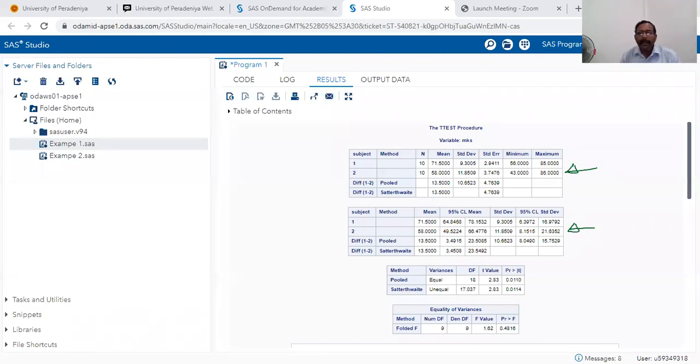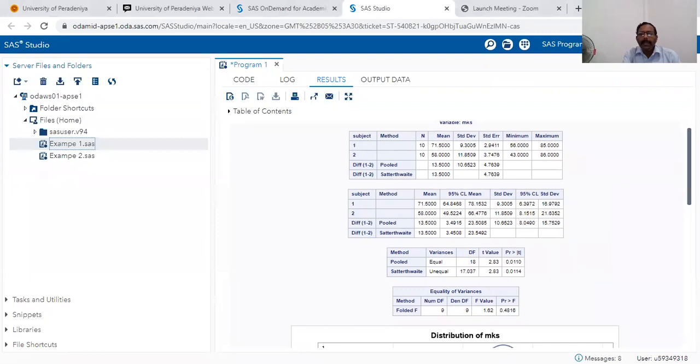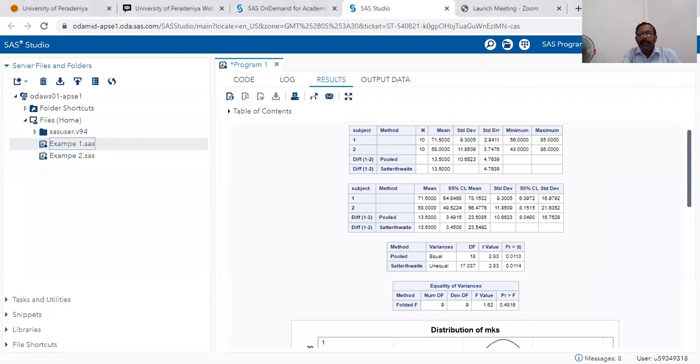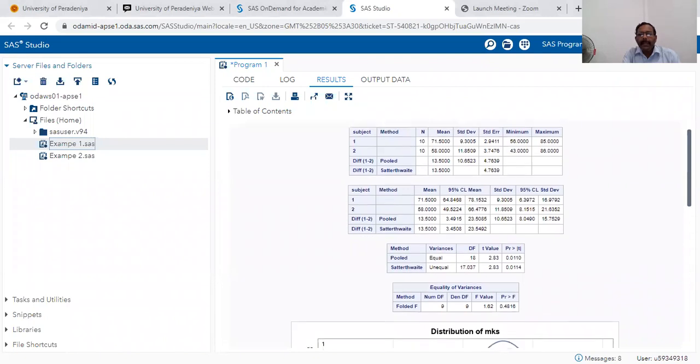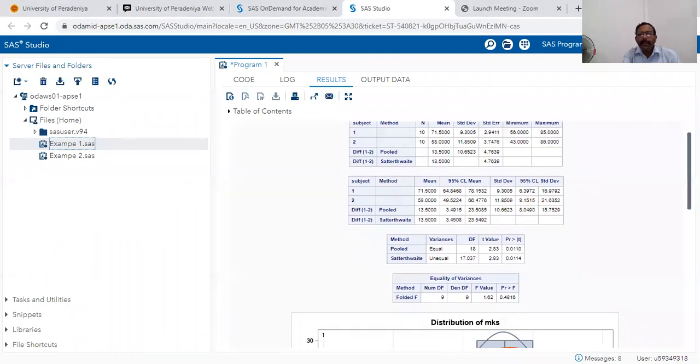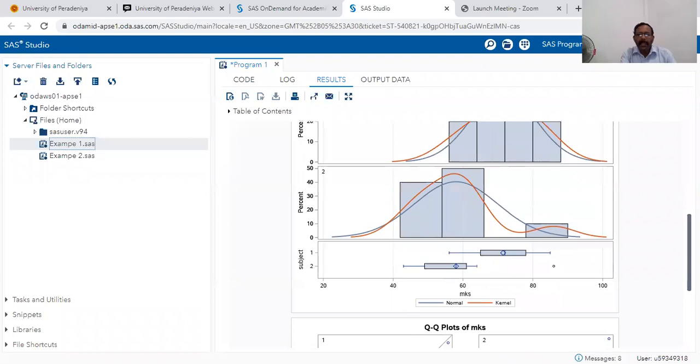That is, it's given the mean plus or minus standard deviation. Or sometimes it gives it with the standard error values, right? So here, look at it, what is the mean value? 58 plus or minus standard deviation 11.